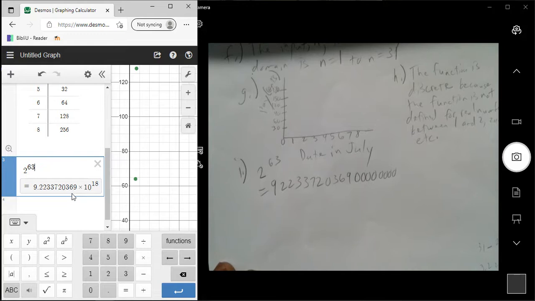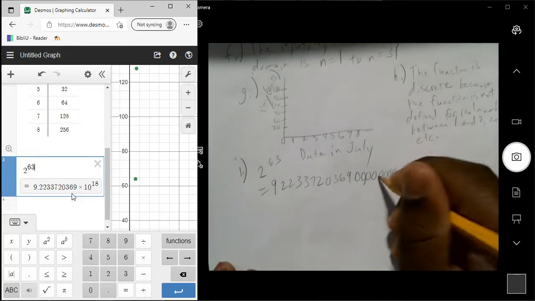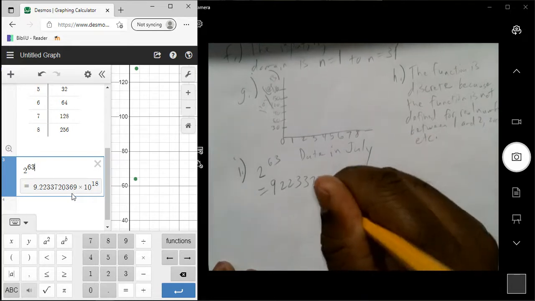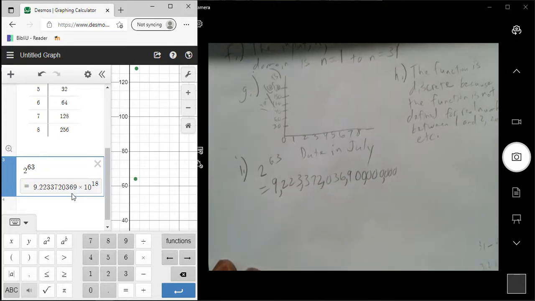Now, did they ask us to write it out? No, they did not. So we could just leave it like this, put our little commas in between the values. And just so that you know, this is 9 quintillion, 223 quadrillion, 372 trillion, 36 billion, 850.